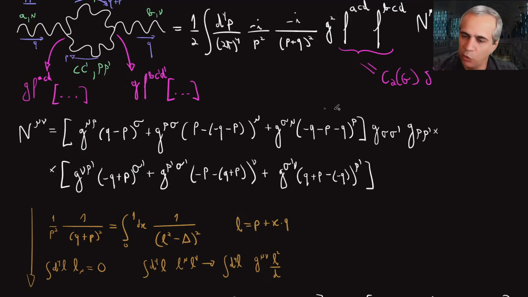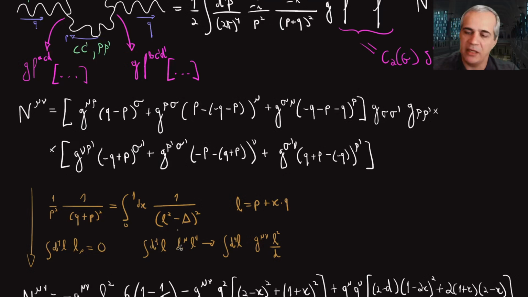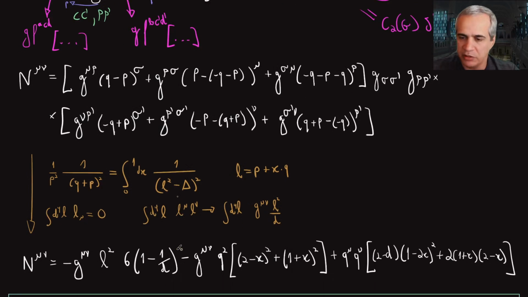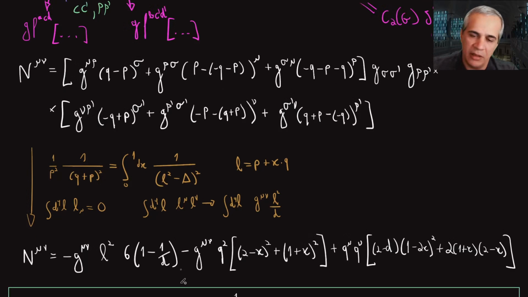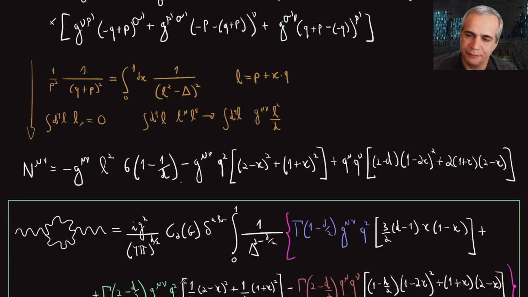Do all the contractions; all the integrals that are odd will be 0. For the even integrals, there's this trick you can do, just considering the Lorentz structure. As I said, I'm not doing all these calculations. That will turn the numerator into this. And then you do the integral for L, and then this becomes this thing.